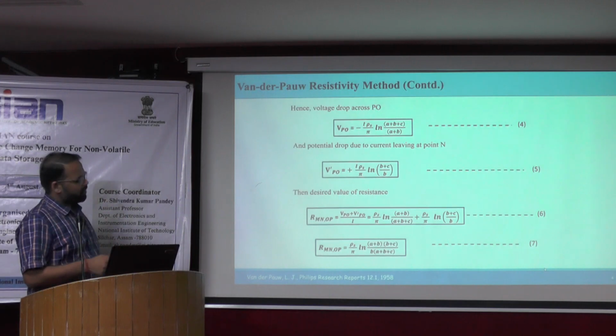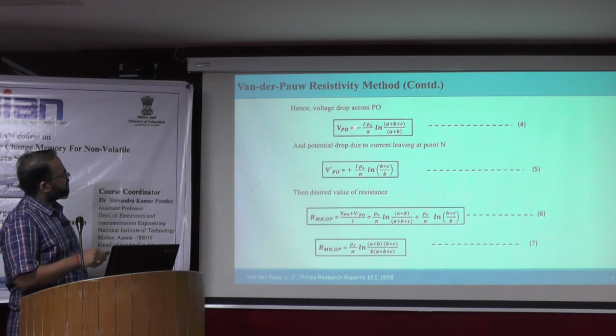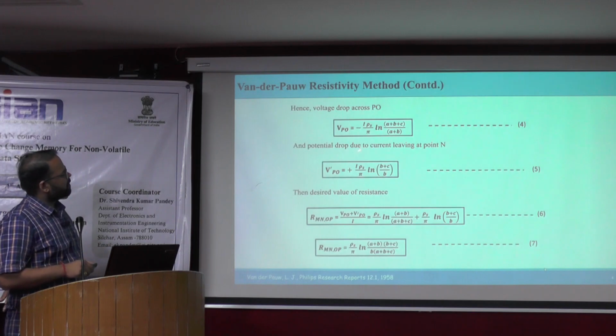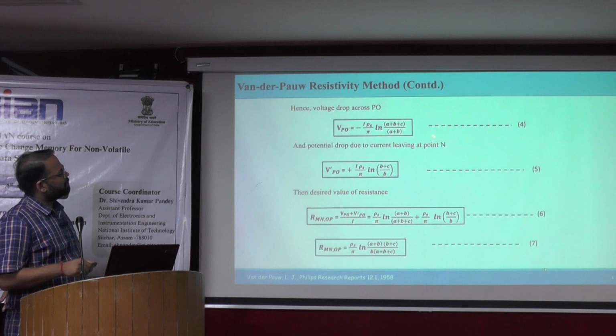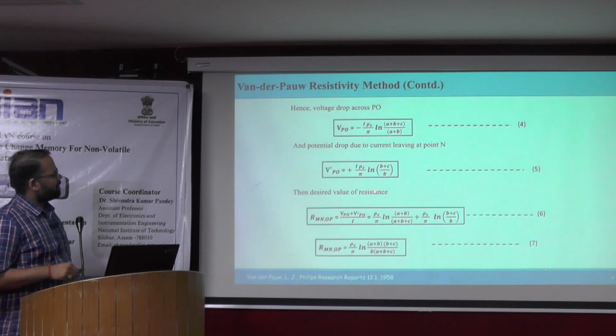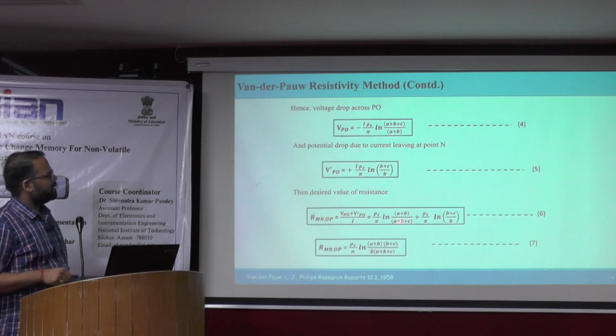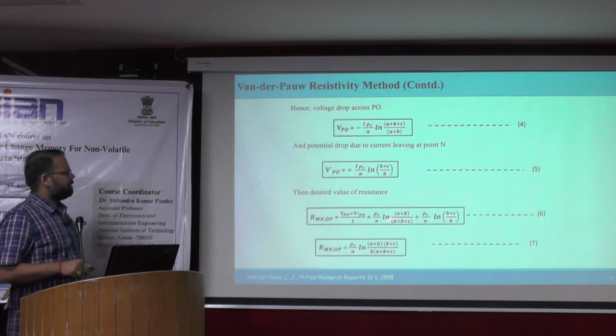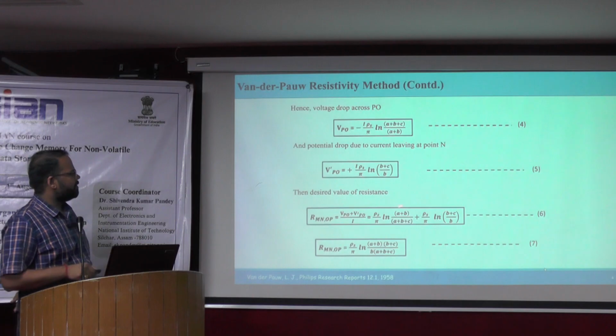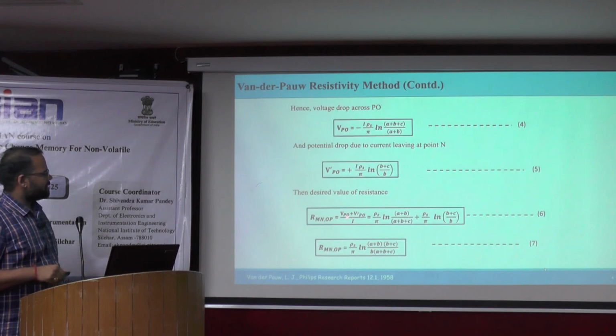It is a mathematical relation where you can get a potential drop due to current leaving at a point, and then we can get the desired value of resistance with this expression. They have some logarithmic values here with respect to this bias and current.